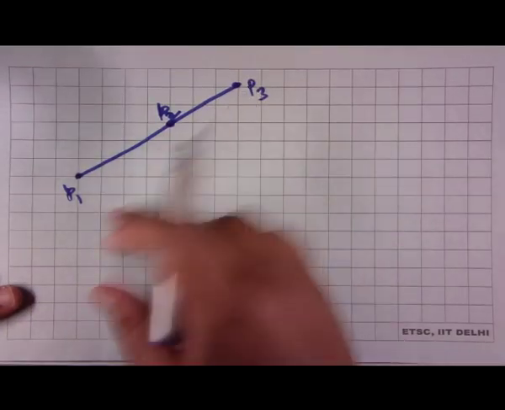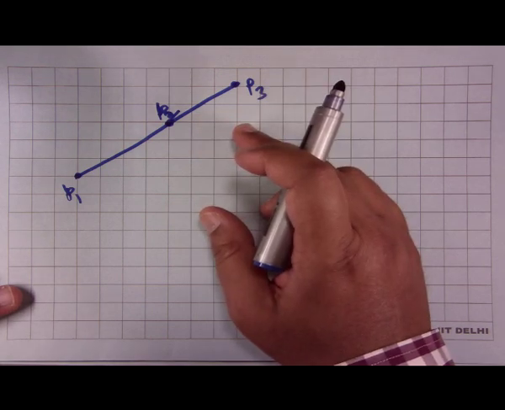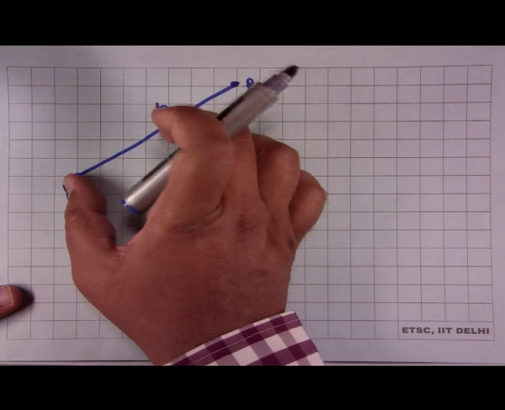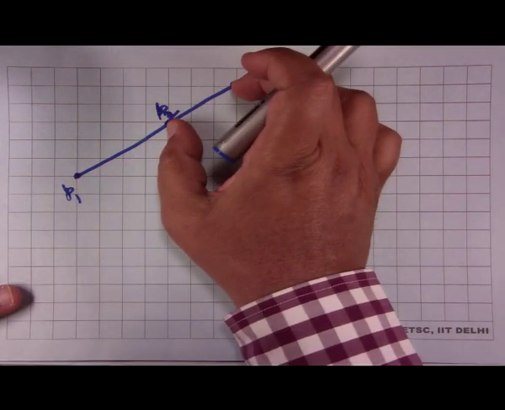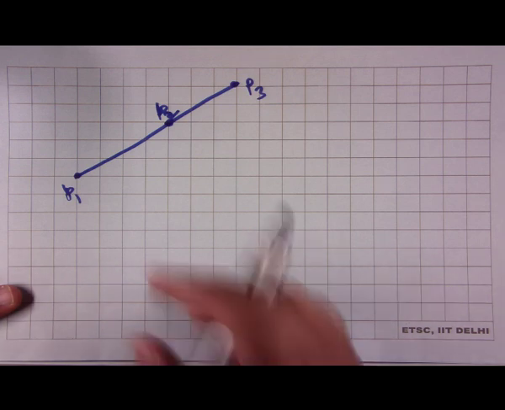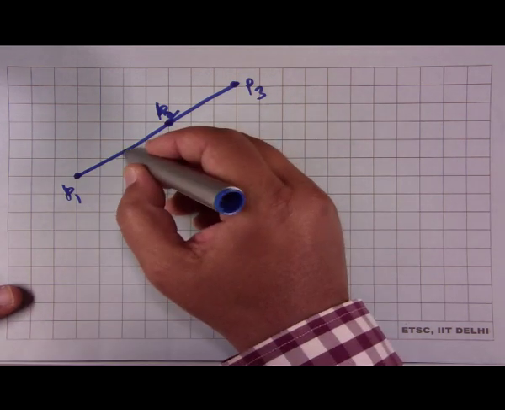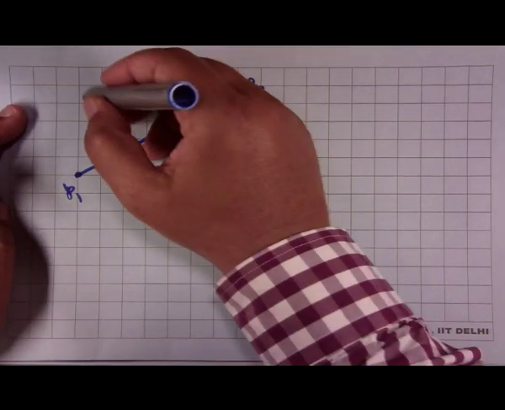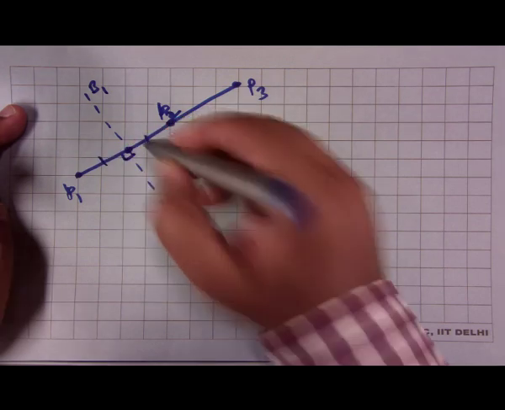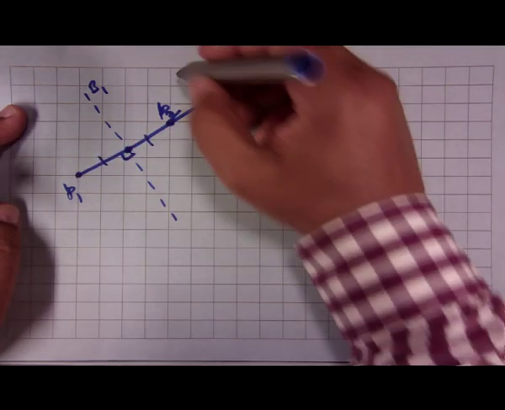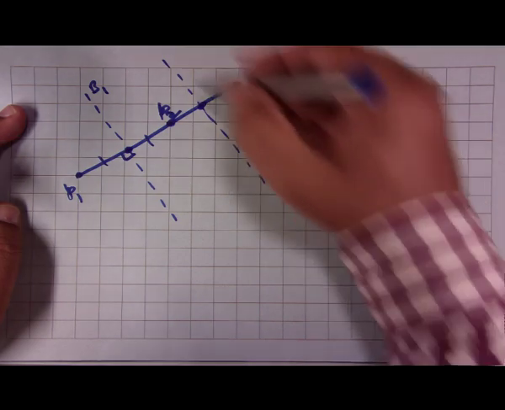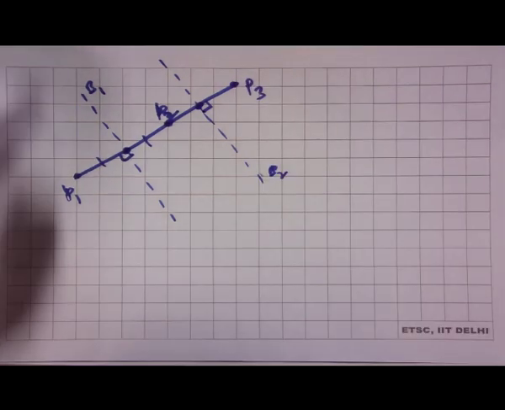If they were to lie on some circle, then the center of that circle must be at the intersection of the perpendicular bisector of this chord and the perpendicular bisector of this chord, and that we have already seen earlier. But if we see here, the perpendicular bisector B1 of the chord P1 P2 is like this, and the perpendicular bisector of the chord P2 P3, which is B2, is this other blue dotted line.